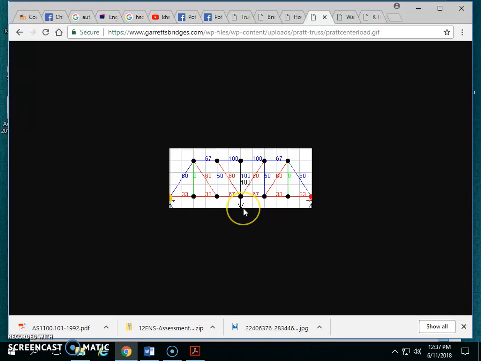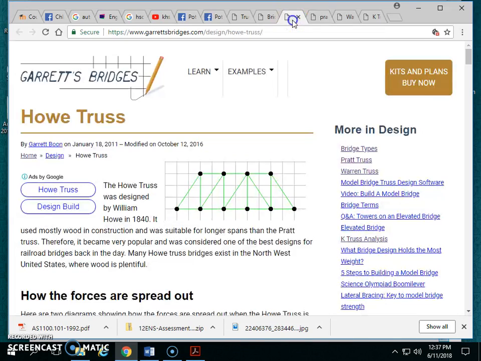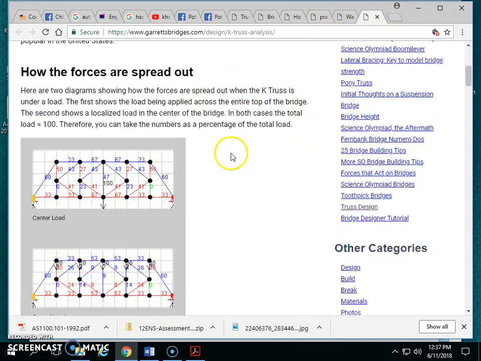If we put 100, whatever load we put on, this critical member will be 100% of that load. I won't go through any others, but you get the idea. The K truss should have one as well, actually. The K truss is only 67%. So the critical member there is going to be 67% of the load that we apply to the truss.